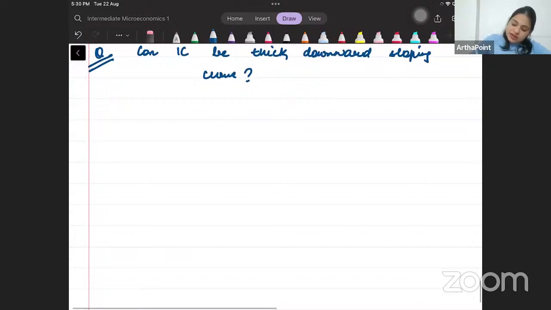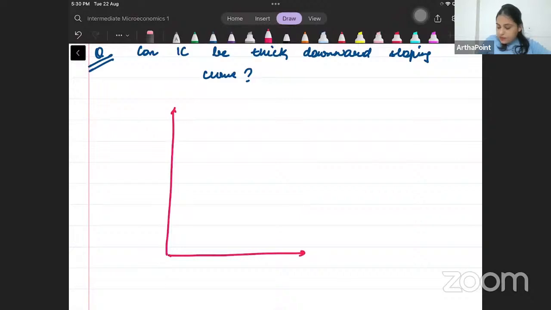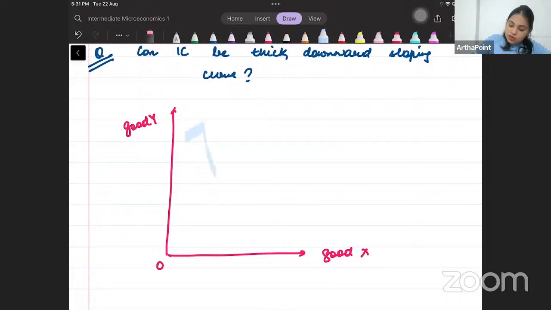So beta, supposedly I am asking this question. Let's say this is good X, and let's say beta this is good Y. Okay. I am asking, can my IC look like this? Can it be thick? ऐसा कुछ IC दिख सकता है क्या?